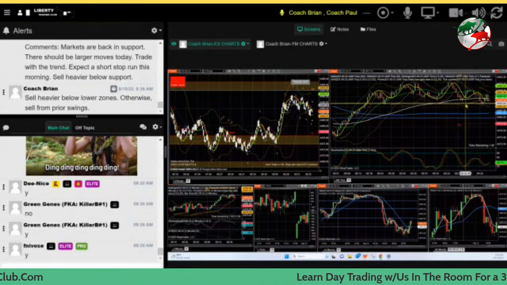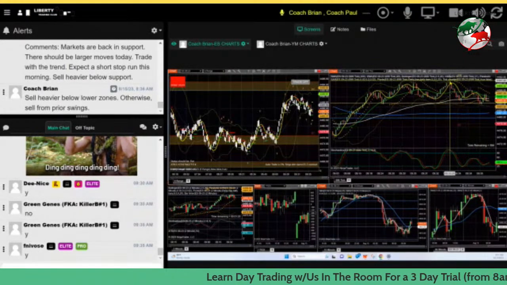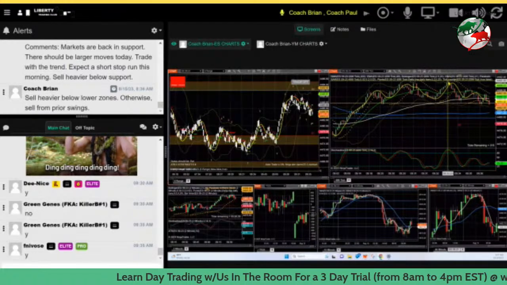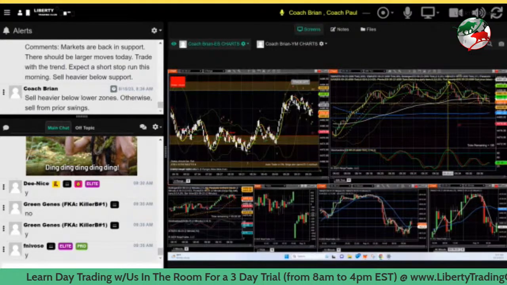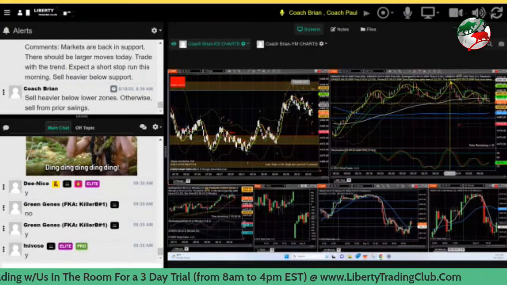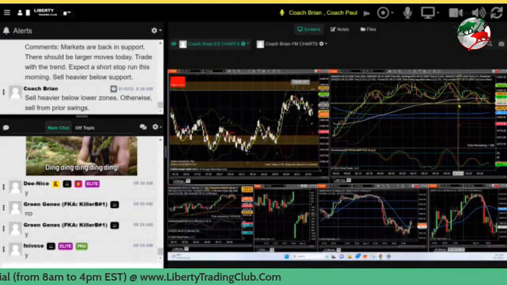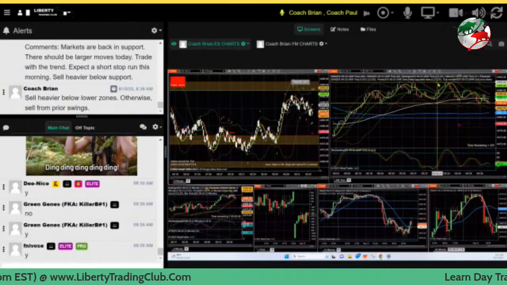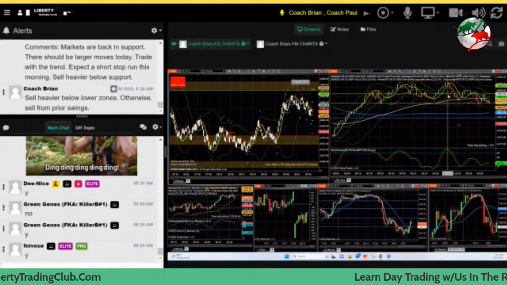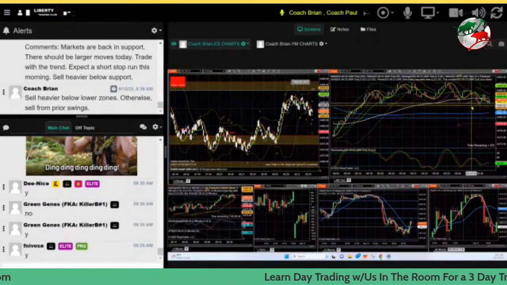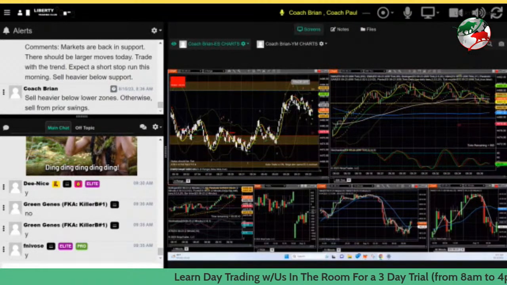So the ES, if you're doing the sell stop, your stop starts up here till you get your targets off, guys. Prior swing high, right? Your stop starts above the prior swing high till you get your contracts off. Depends on your entry price, right? Whatever your entry price is.